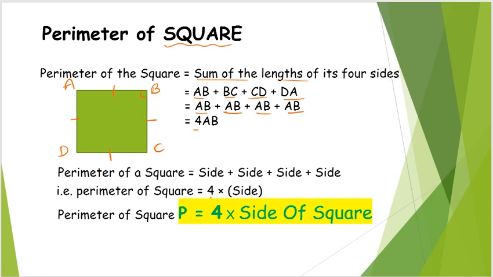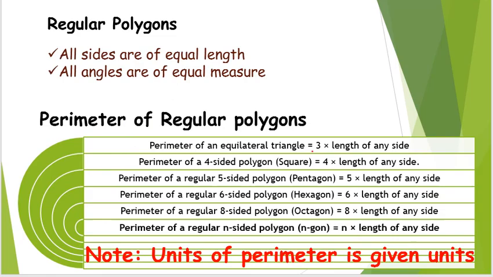So how many ABs are there? 4 times AB. So clearly the perimeter of a square is 4 times the side of the square. I can simply write it as 4 into S, where S is the side of the square.